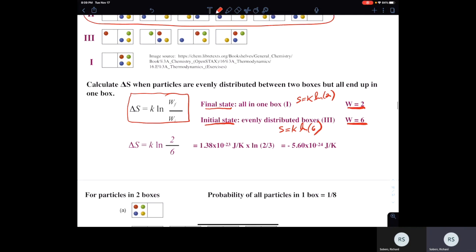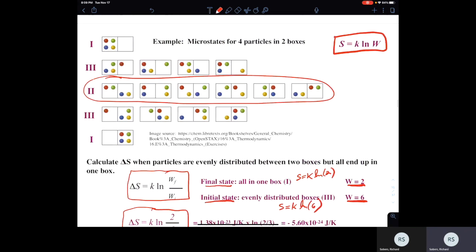So let's do that. So we have the final W is 2 over the initial W is 6. That's 1/3, natural log of 1/3. And you can see the initial state has higher entropy than the final state. W is greater for the initial state.